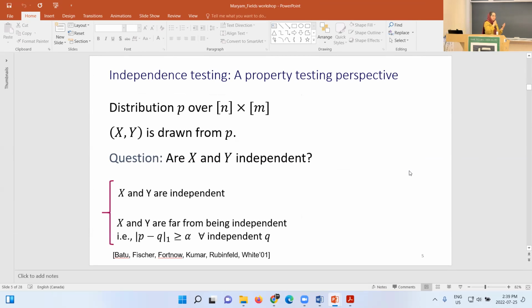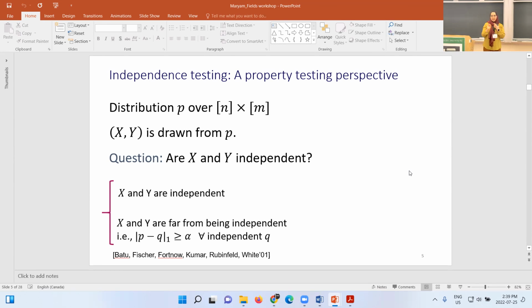So the null hypothesis, or the H0 hypothesis, is x and y are independent, and we are trying to distinguish this case from the other case that the distribution P is alpha far from any independent distribution Q. This corresponds to the case that alpha is small enough, so we don't care about the in-between cases.